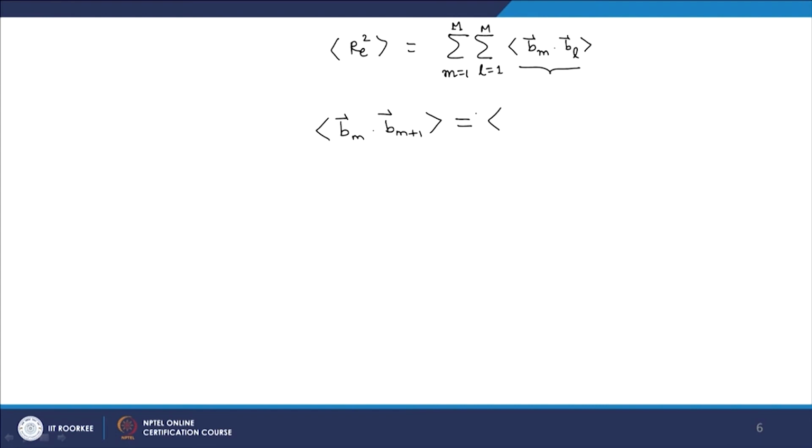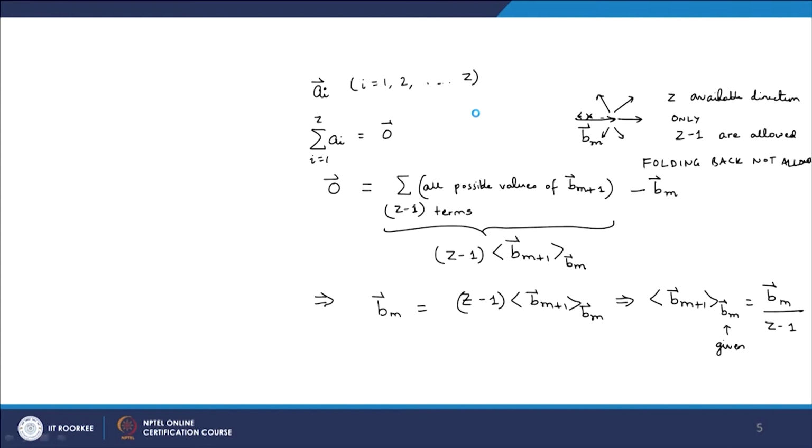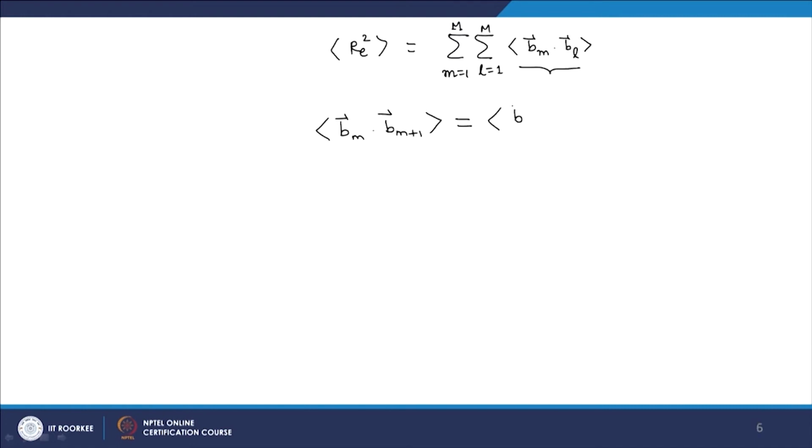So, now I will use the formula I just derived in the previous slide, the one here on the right, and see that I can write this as something like this, where I multiply Bm with the average of Bm plus 1 for a given value of Bm.